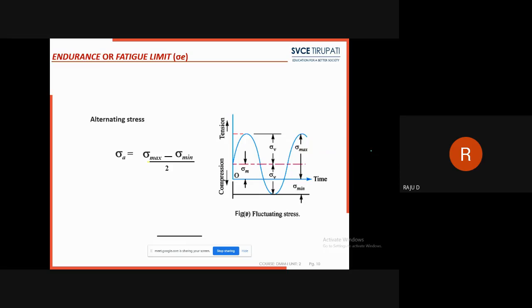In each and every model, these three parameters we are going to calculate. If it is model number 1, 2 or 3, or any GATE examination, they are supposed to ask how to find the factor of safety, the diameter of the bar, and how to calculate the thickness of the plate.